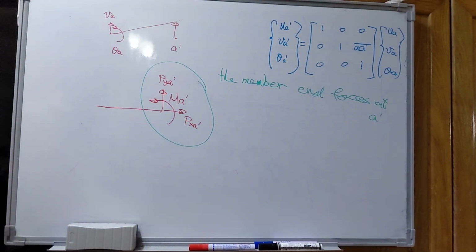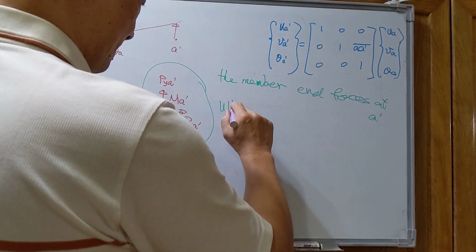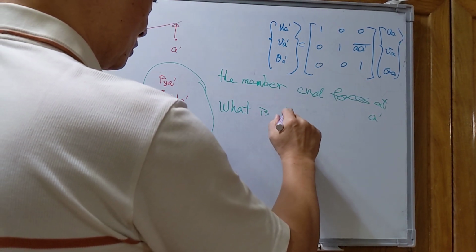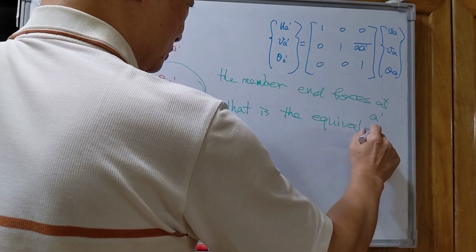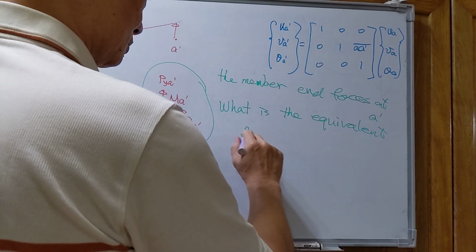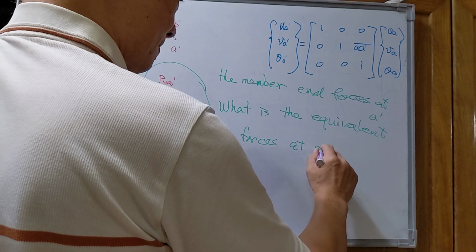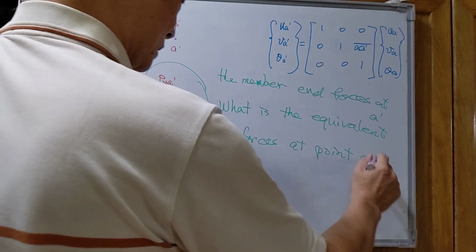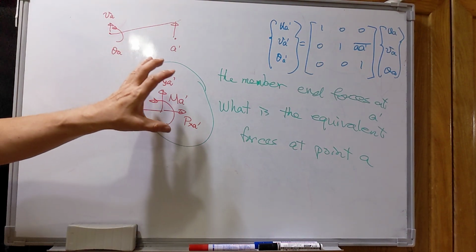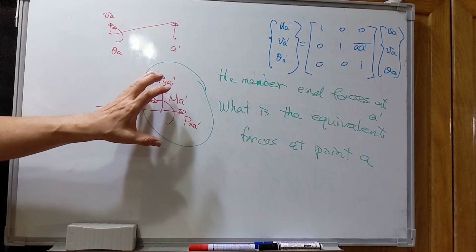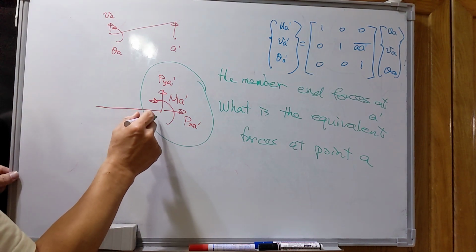And then if we would like to calculate what is the equivalent force, if we know a set of forces applied to the A prime, since we have the rigid assumption, it is a rigid body.